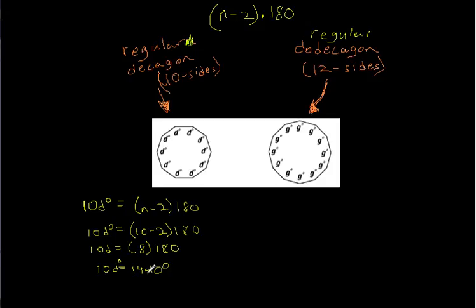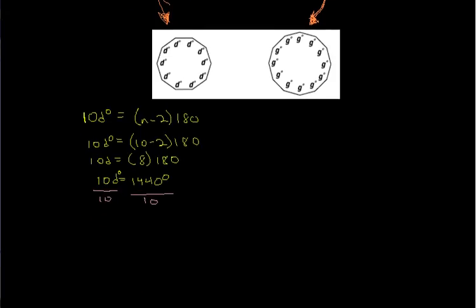I've got to isolate the variable d. To get rid of multiplication, divide by 10 on both sides. That gives me d equals 144 degrees.